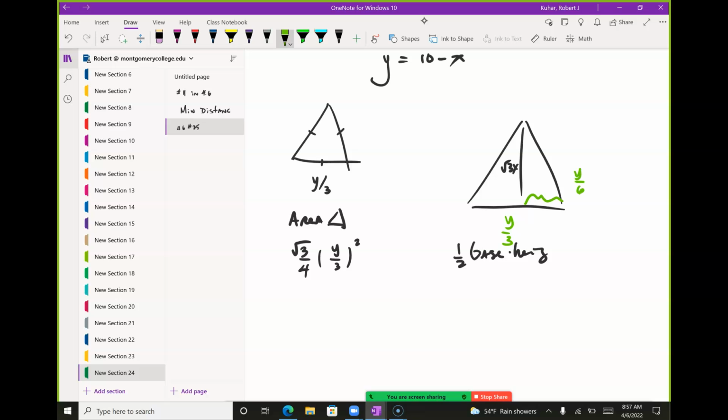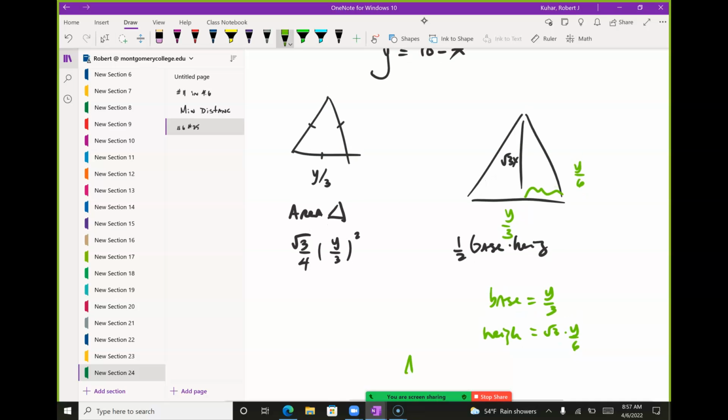Hold on, let me look at the representation with side. Okay, so I'm just double checking. Base is y over 3. Height is square root of 3 times y over 6. And area then is going to be 1/2 the base times square root of 3 times y over 6. Yes, this is correct.